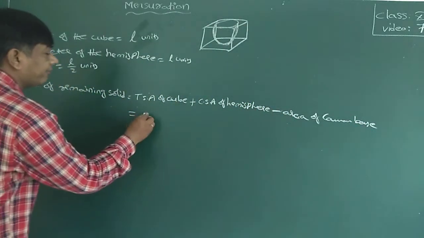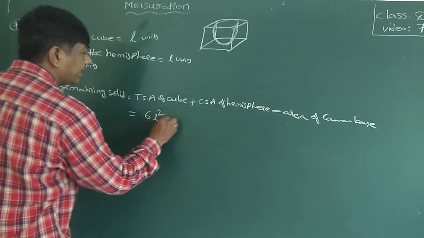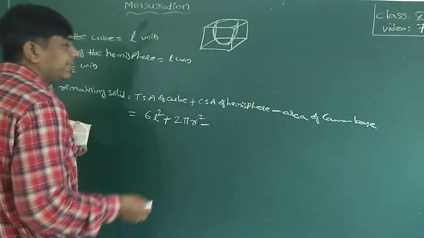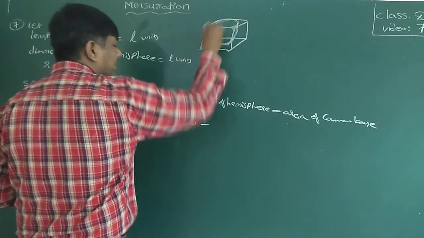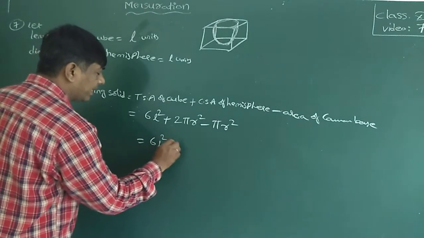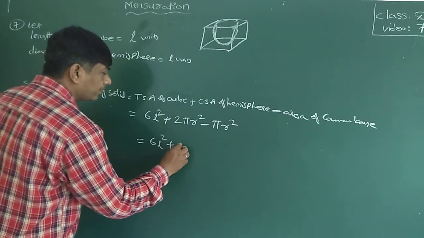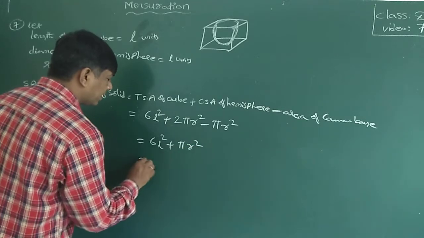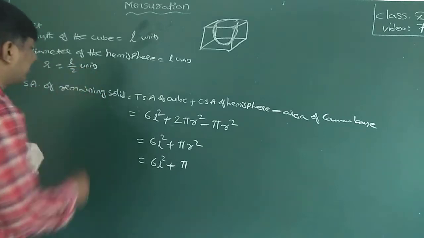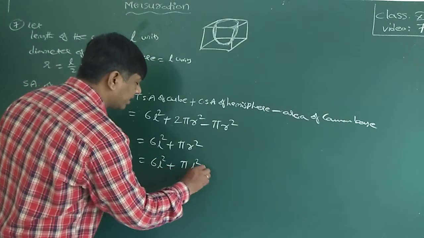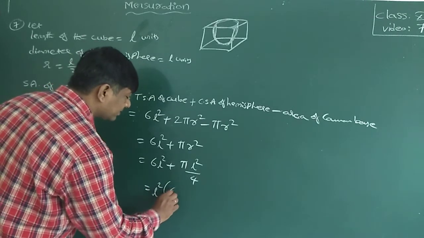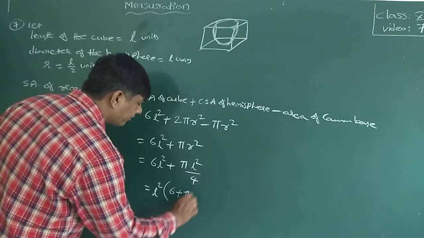So TSA of a cube is 6L square, plus CSA is 2 pi r square, minus the common base, pi r square. That is equal to 6L square plus pi r square, where r is L by 2, so r square is L square by 4. If I take L square common, 6 plus pi by 4.